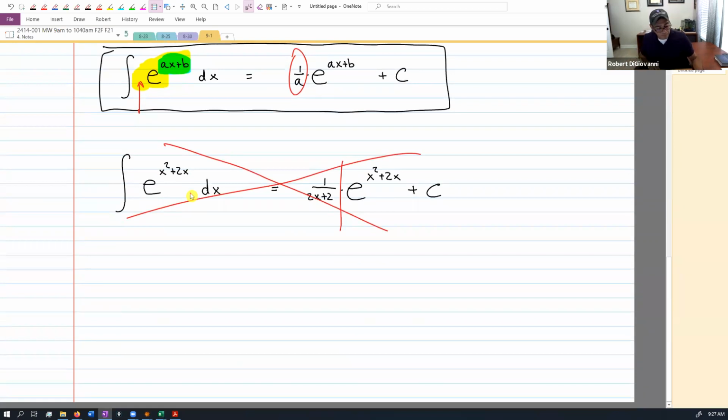Let's see if you understand this with 3 quick examples.